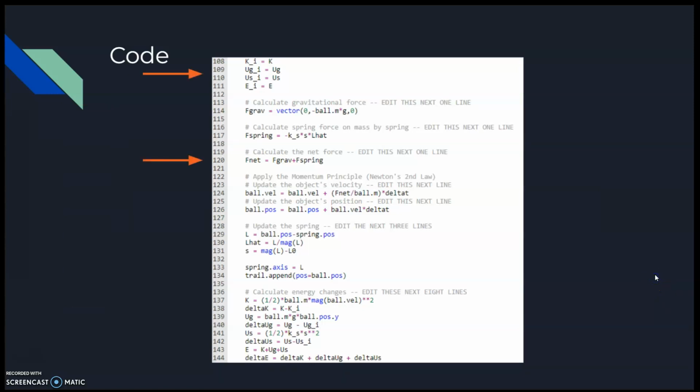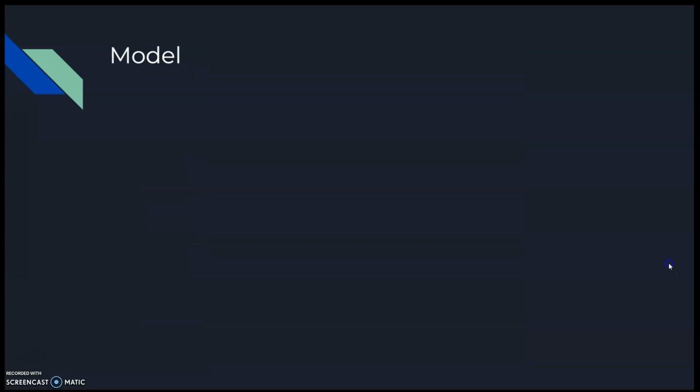And then I set up an initialization step, calculated F net using F spring and F grav, and then the velocity update formula and position update formula, to calculate the new position and velocity of the ball. Once again, I recalculate those components of the spring force, the L hat, and the s. And then I calculated all those energy changes. So basically at this new position, how have those energies changed?